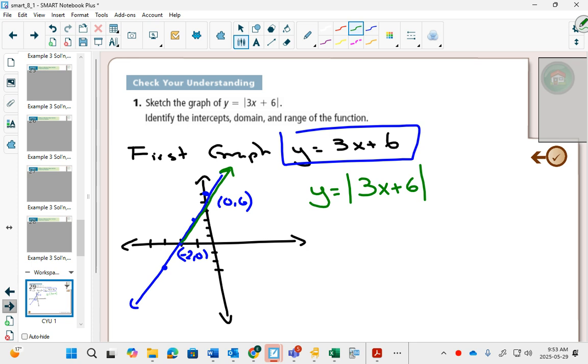So this part where the y values were positive stay the same, all the way to negative 2. But then this point on the blue graph, which was negative 3, negative 3, on my green graph, I'm going to have negative 3, positive 3. And my absolute value graph will look like a V, changing at that critical point at the x-intercept.